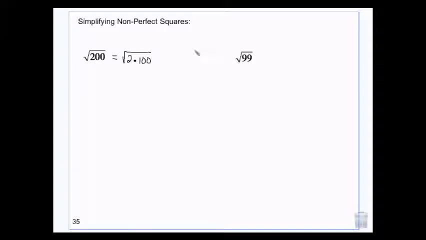So I can take the square root of this perfect square, which is 10, and I can leave the 2 behind because it's imperfect. So that's method 1, is to see the perfect square in there, but maybe you don't see it.